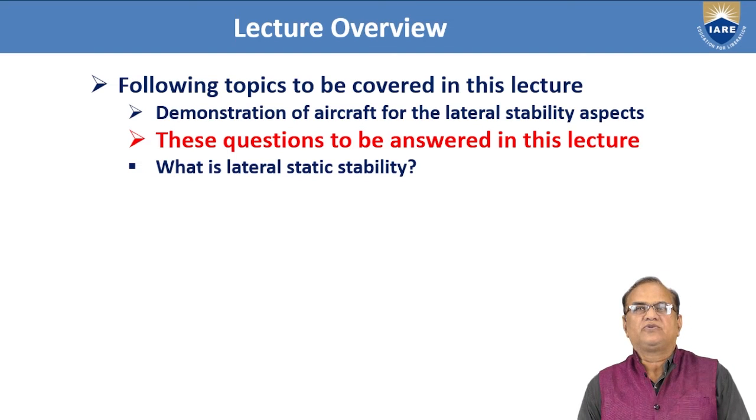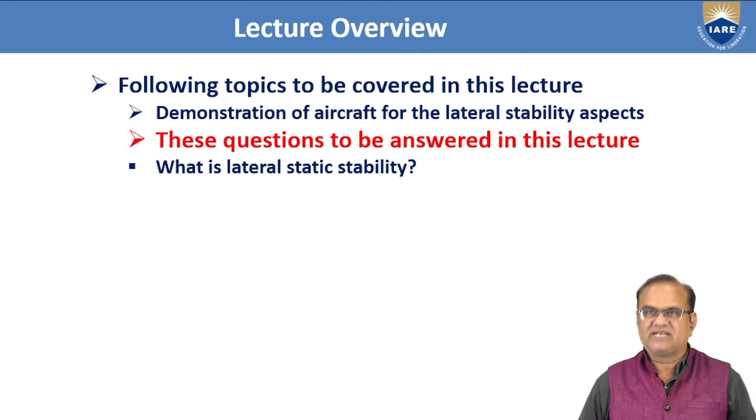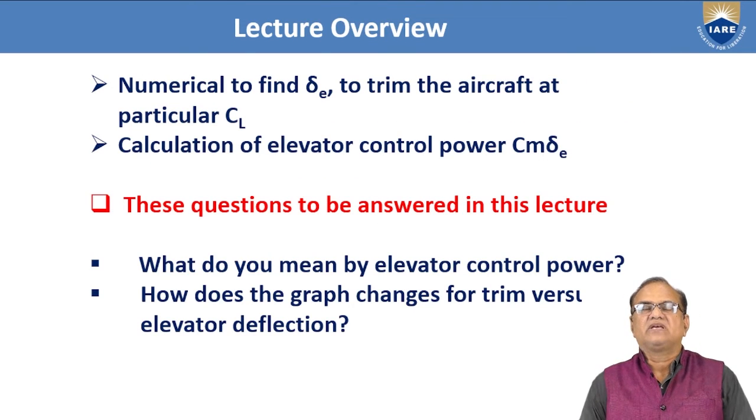In this tutorial, we are going to discuss a demonstration of aircraft for lateral stability aspects. And these questions will be discussed: what is lateral static stability. We are going to discuss a numerical to find DeltaE to trim the aircraft at a particular coefficient of lift, then calculation of elevator control power, that is CM DeltaE.